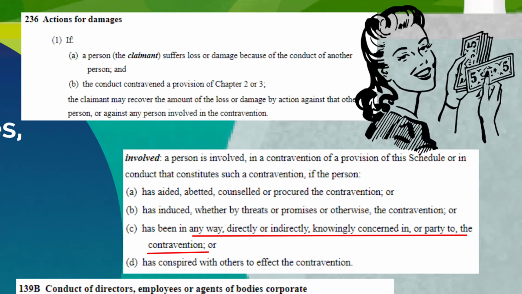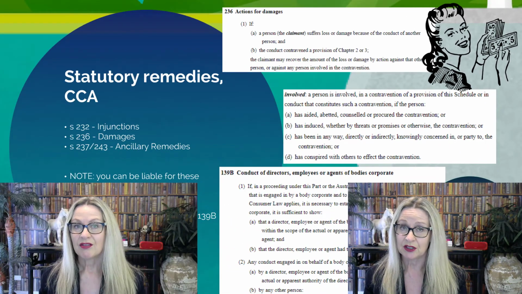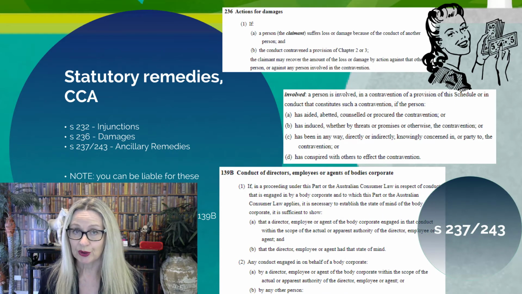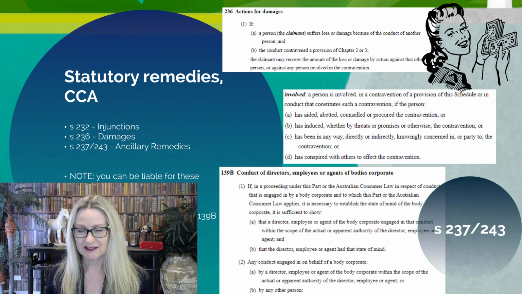So a very, very wide net is cast there, potentially, for people that might be liable in damages for misleading conduct. That is called accessorial liability, and it's kind of cool. Well, it's cool if you're acting for a plaintiff.